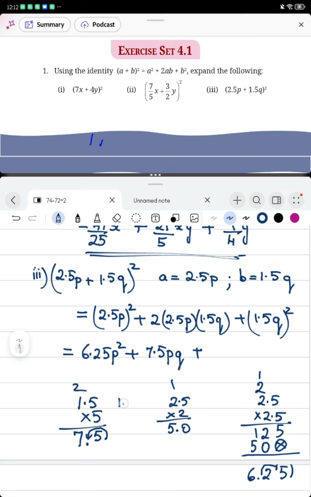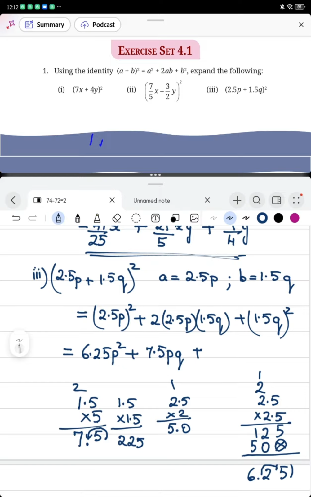We all know 1.5 into 1.5. By this time, all students should know the squares. 1.5 into 1.5 is actually 15 into 15, which is 225. You know, not the tables, this is the squares. You have to learn squares up to 25.